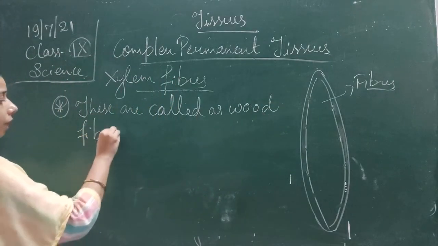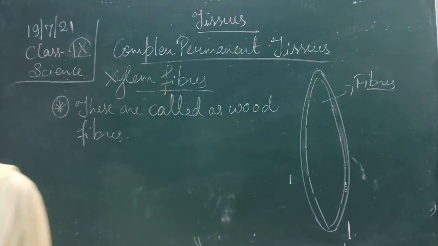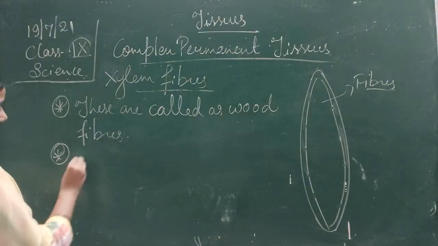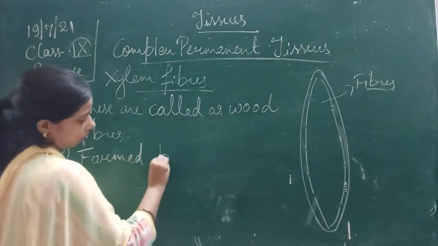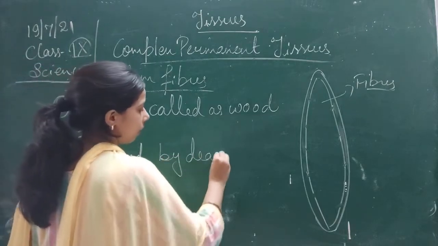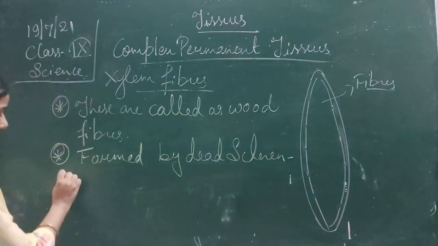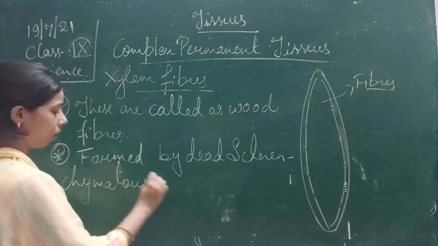Sclerenchyma. We have seen in sclerenchyma that wood fiber is obviously a sclerenchymatous tissue, formed by dead sclerenchymatous cells.